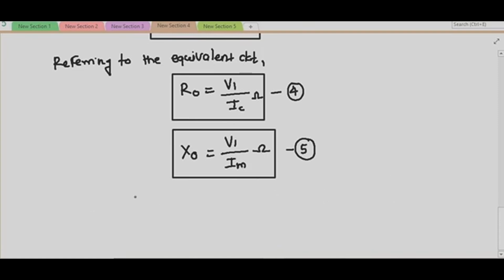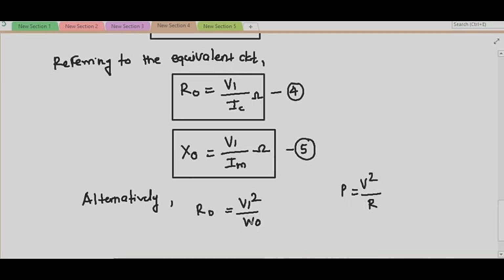Alternatively, in some books it is found in another way. I can write down R0 equals V1 square upon W0, because we know power is equal to V square upon R. So R I can write as V square upon the power.